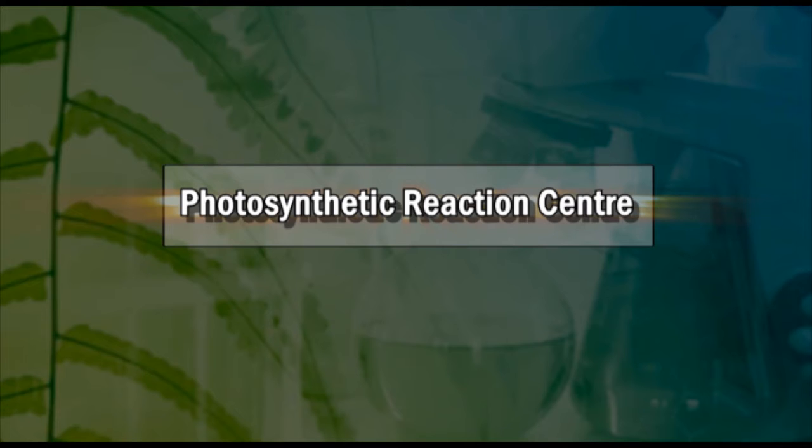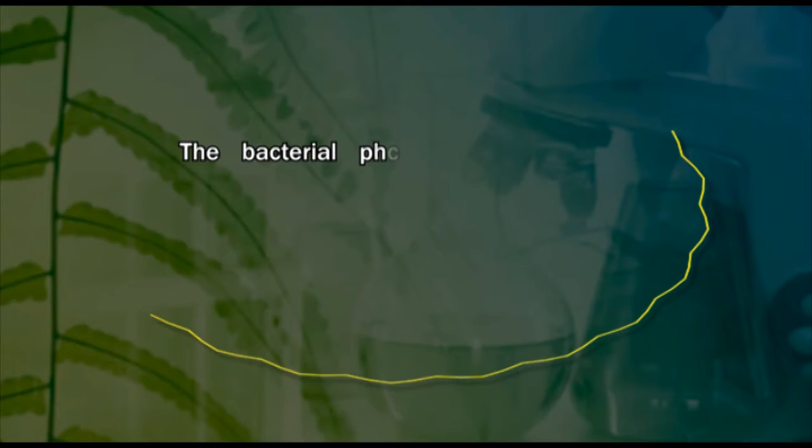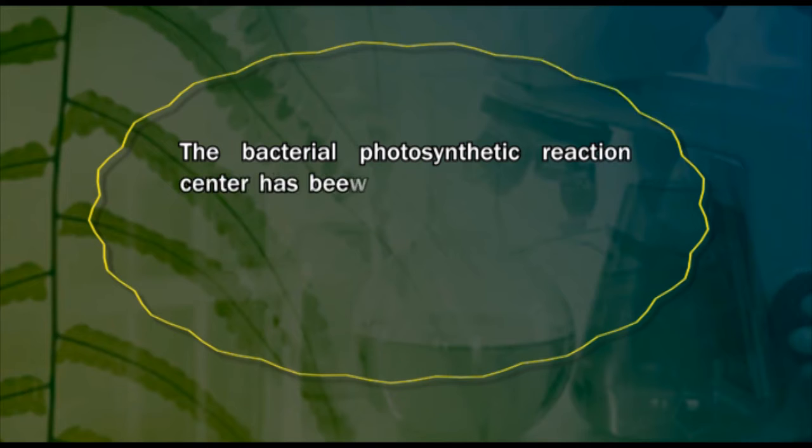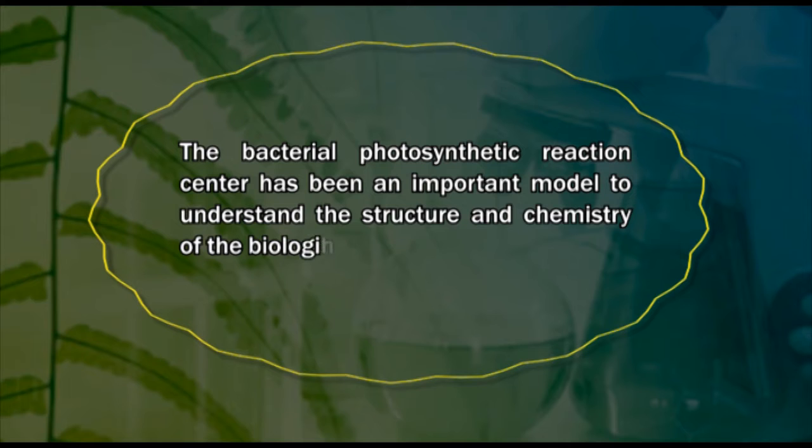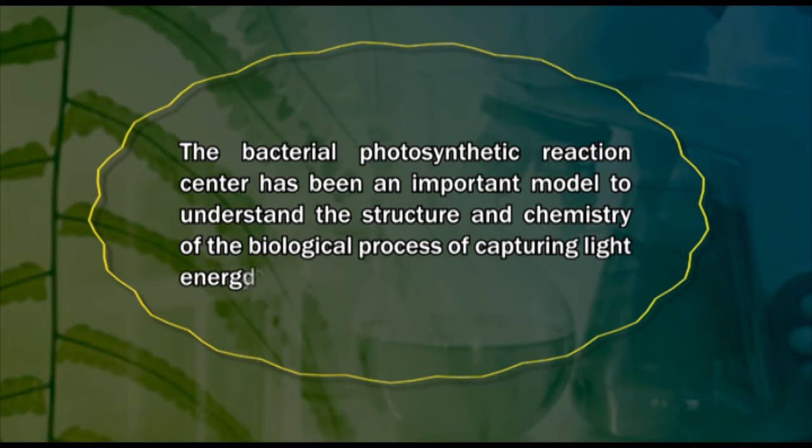Now let's look at the photosynthetic reaction center. The photosynthetic reaction center is a multi-protein complex which is the site for the generation of high-energy electrons, a critical event in the light reaction of photosynthesis. The bacterial photosynthetic reaction center has been an important model to understand the structure and chemistry of the biological process of capturing light energy.